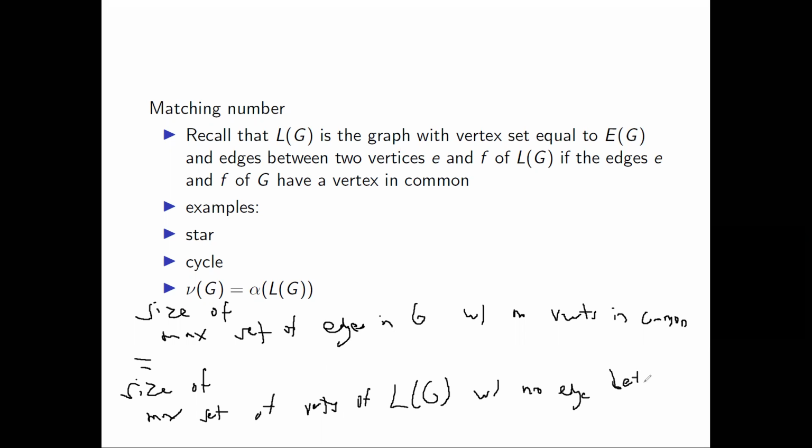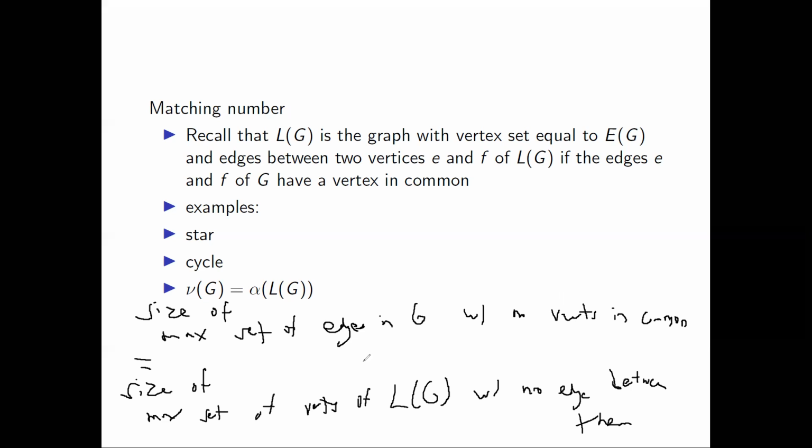And that's by definition of line graph. So we know that if the edges in G have no vertices in common, then the corresponding vertices of L of G will have no edge between them. And vice versa. If the vertices of L of G have no edge between them, then the corresponding edges in G have no vertices in common.